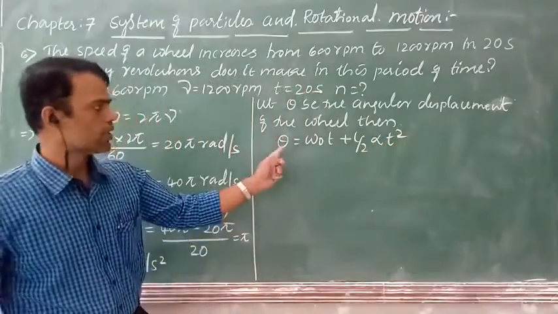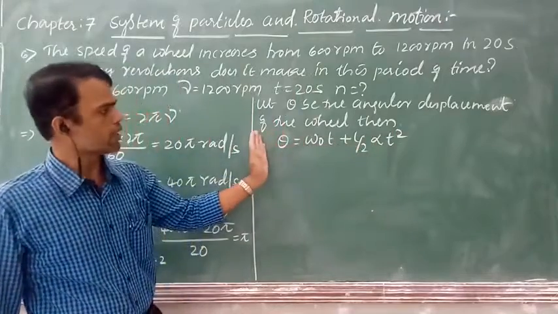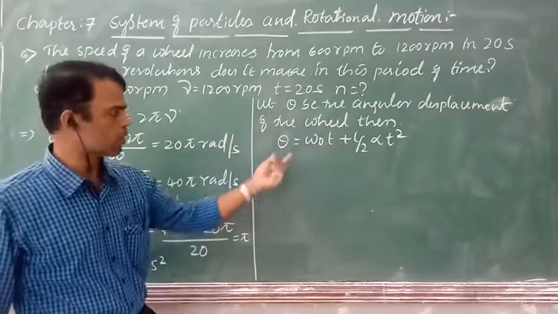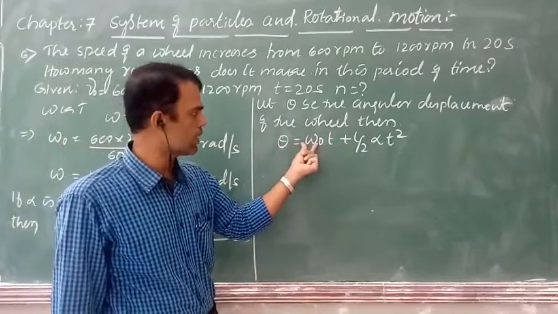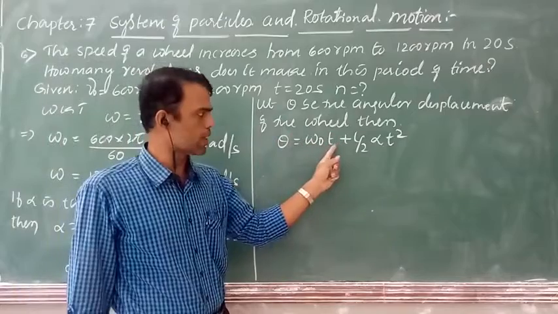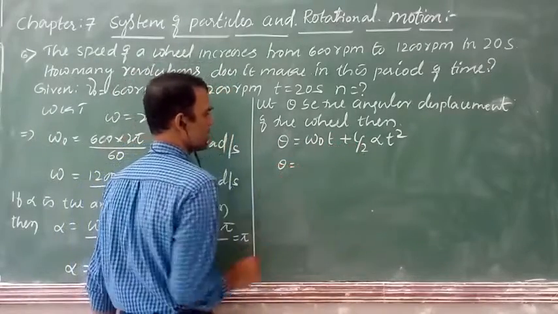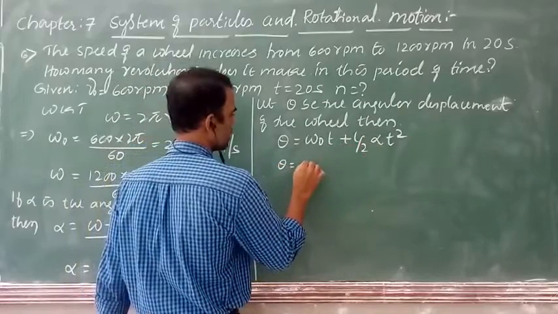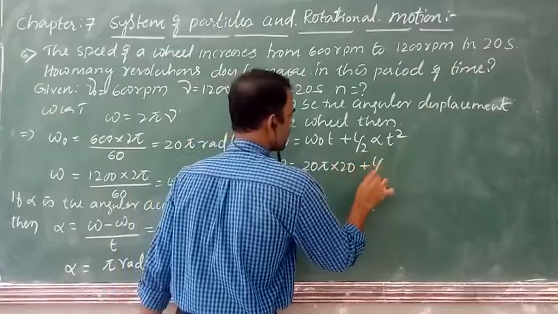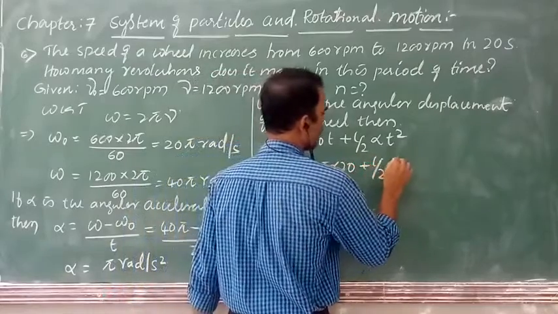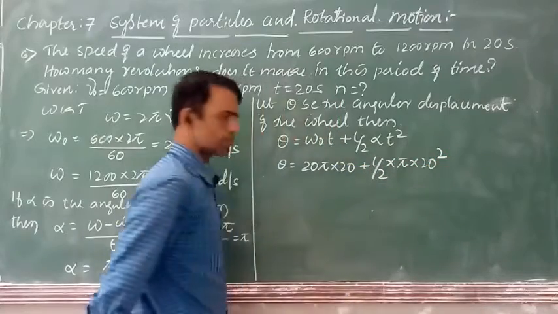It is something like x is equal to v naught t plus half a t square, and I can replace that equation in terms of angular quantities as theta, which is the total angular displacement of the wheel. Then theta is equal to omega naught t plus half alpha t square. Or theta is equal to omega naught, 20 pi, into 20 plus half into alpha, pi, into 20 square.